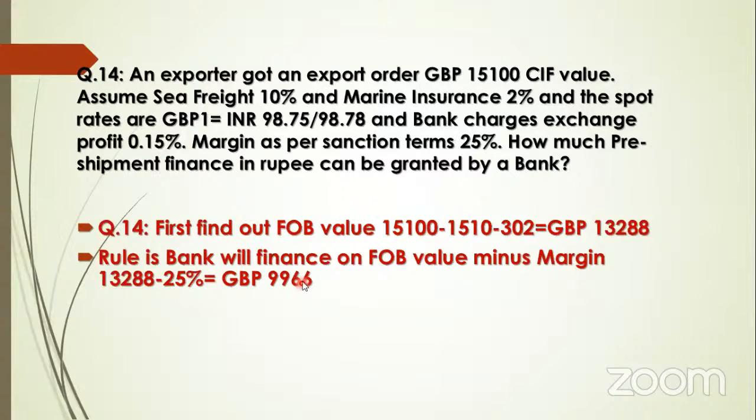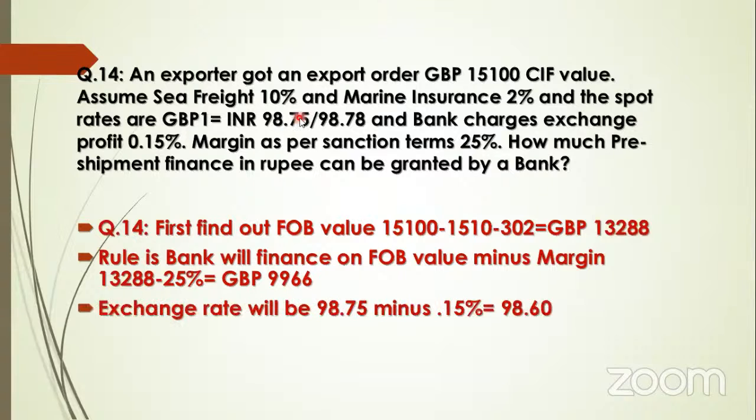Now you have to give rupee loan. Rupee loan at buying rates. Buying rate means 98.75, minus 0.15. Don't put plus. You will get 98.60. Here also the bank is getting some profit. So 98.60, and the value of the financing component is pound 9966.